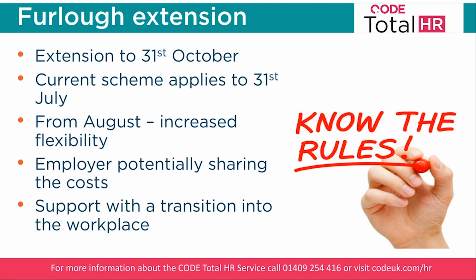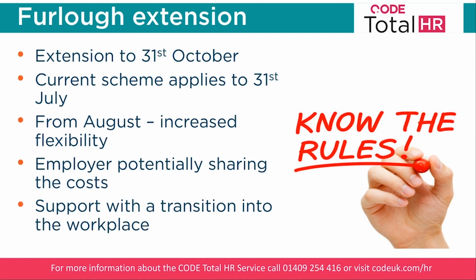What we do know at the moment is that the current arrangement of 80% of pay capped at £2,500 will continue until the end of July. After July, so in the last 3 months of the scheme, so you're thinking about August, September and October, the scheme will be adjusted to allow for some flexibility and to enable employers to hopefully bring their team back to work as those lockdown measures start to ease.